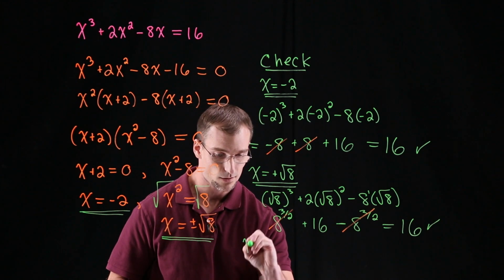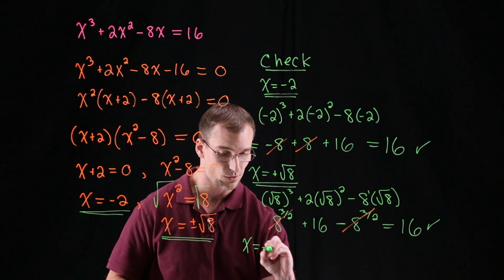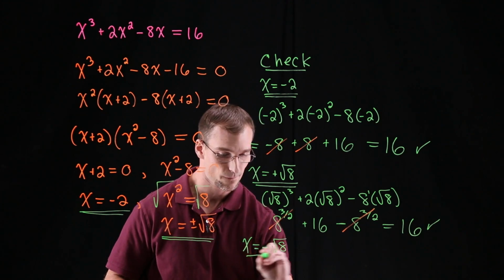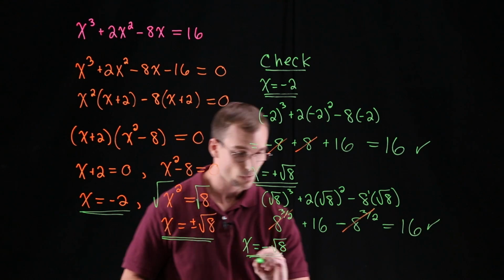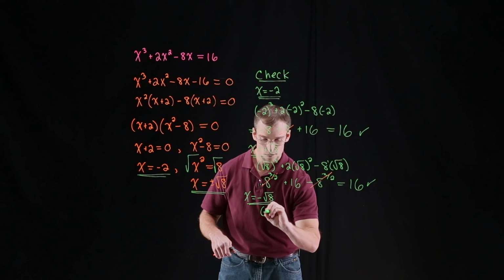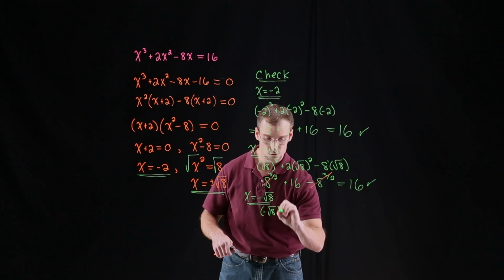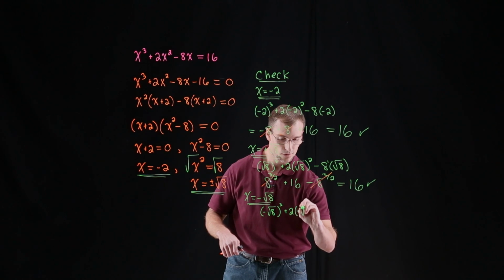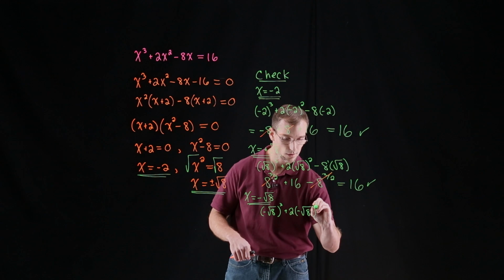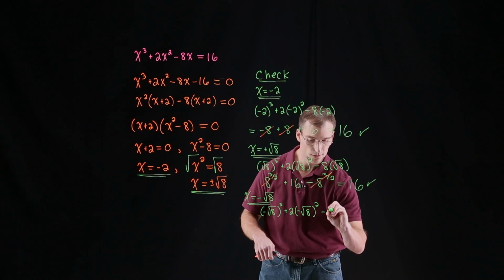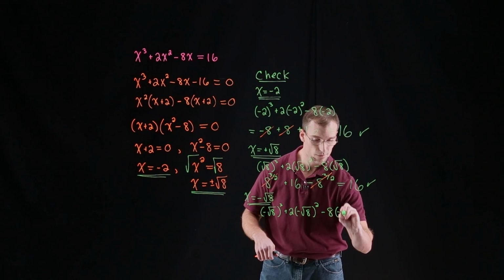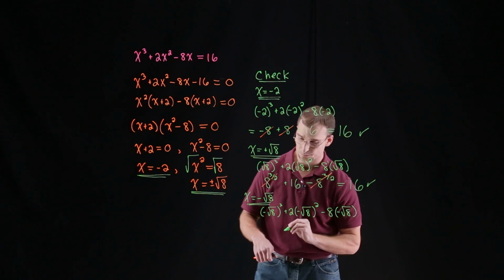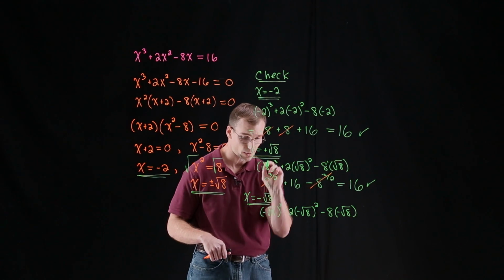And lastly, we'll look at x equals negative square root of 8. Plugging in, we take negative square root of 8 cubed plus 2 times negative square root of 8 squared minus 8 times negative square root of 8. We have the same thing we did before.